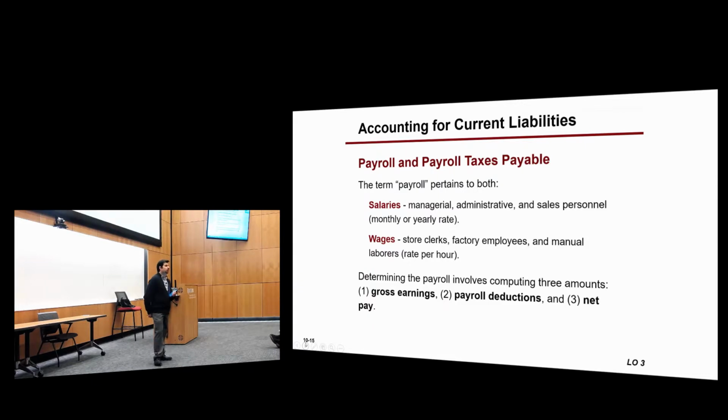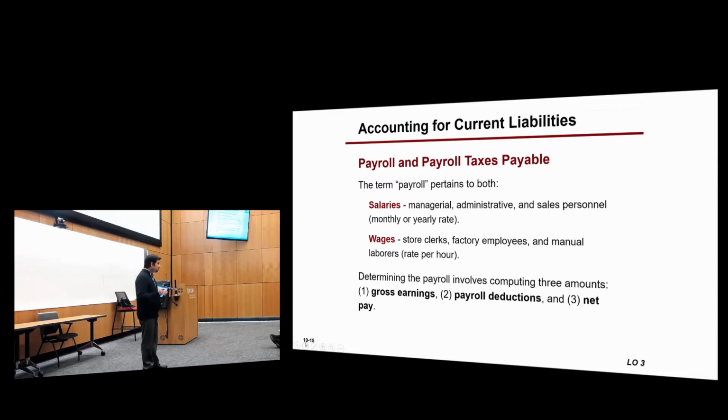Salaries are when you talk about a monthly or yearly salary. Wages are mostly for when the employee is paid on an hourly basis. From an accounting perspective, it's the same thing. And as you remember, we have salaries and wages payable, and salaries and wages expense.